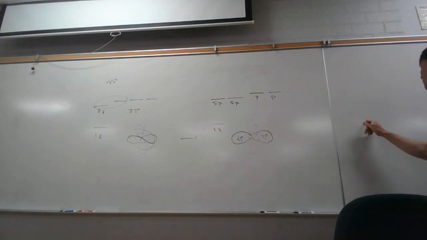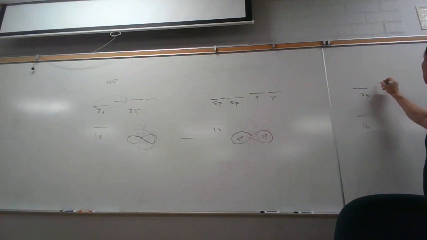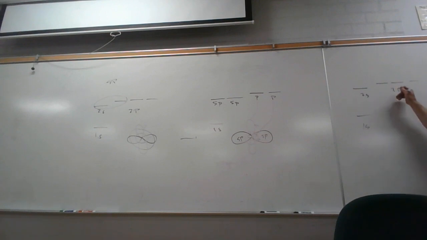We need orbitals with similar spatial proximity. So, for example, I can't take the 1s and hybridize it with a 2p. They're too different in terms of the radial distribution.